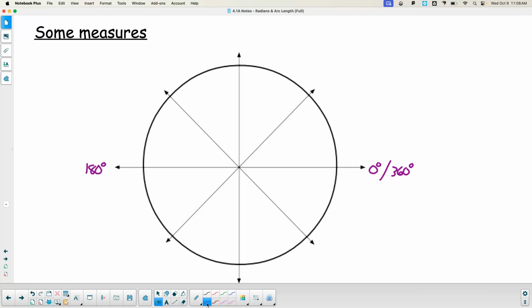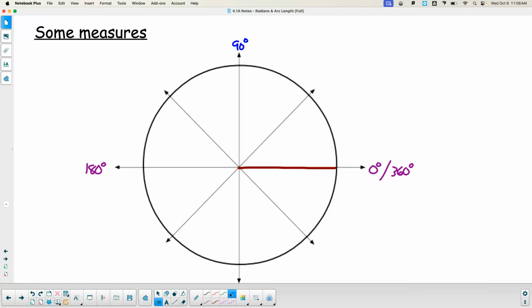So what we're saying is if we start here, here's our starting ray, our starting radius, if you will, that this angle right here is 180 degrees. Makes sense. Well, what's half a half? 90, right? Okay, so then that means that 90 would be up here.